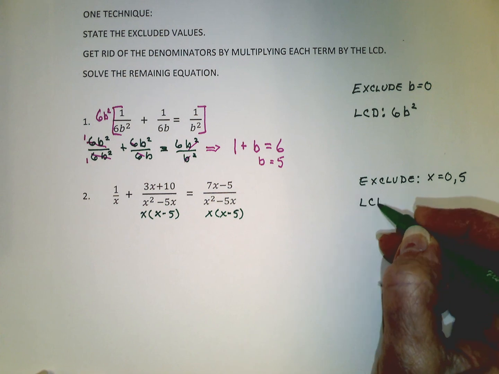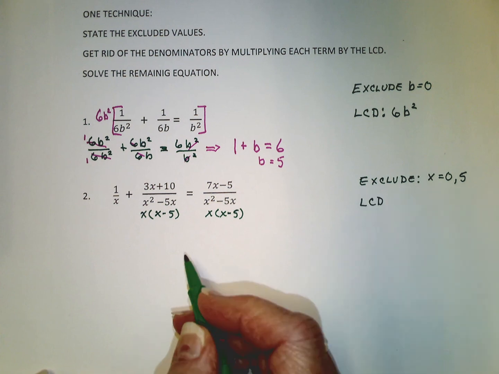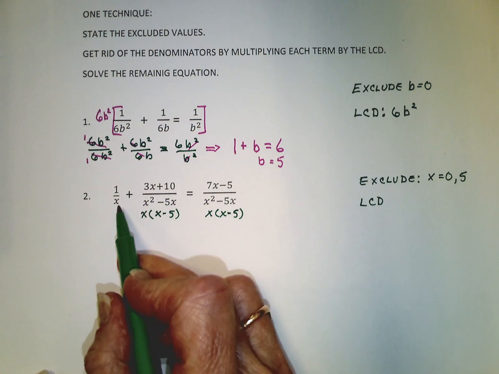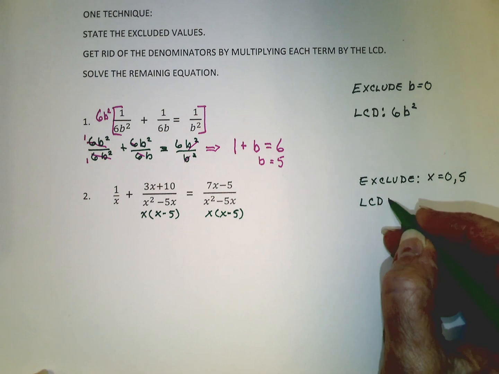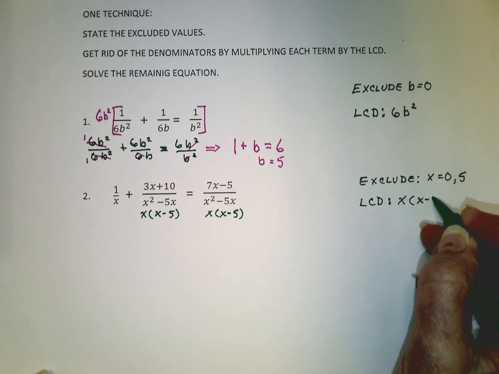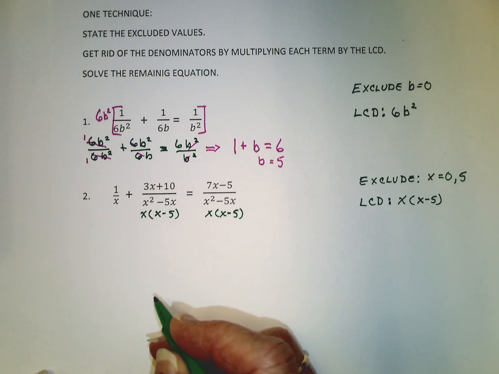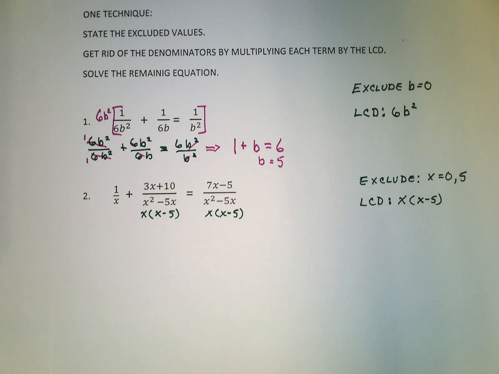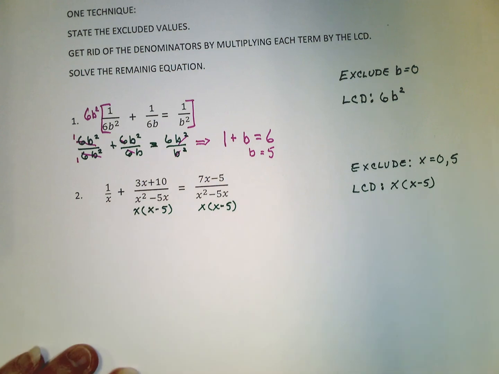Least common denominator. Well, it's going to need all of these, and it's going to need an x. So I think the least common denominator, I would go with x times x minus 5. And that is what we are going to multiply times the whole equation.